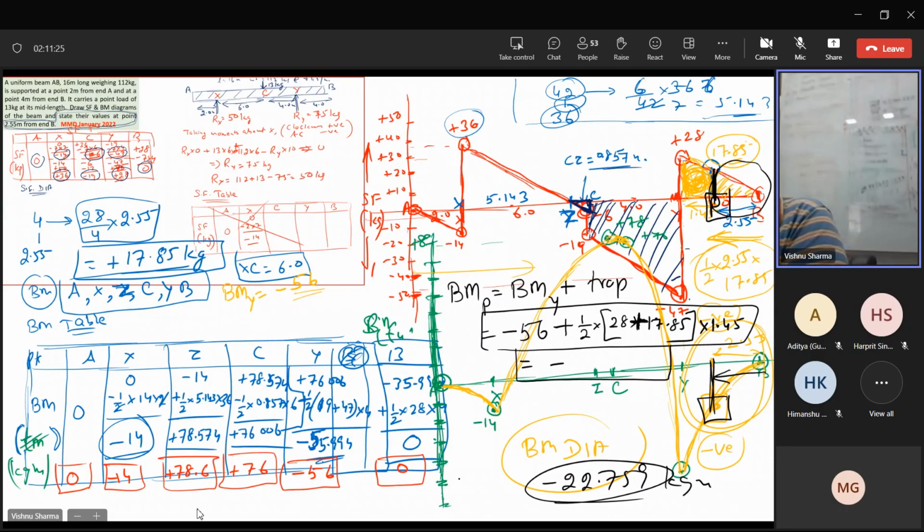From the BM diagram, BM at 2.55 meters from end B is minus, you may get minus 20, you may get minus 25. That is the error that will happen. If you get minus 20, write minus 20 kg meter. If you get minus 25, write minus 25 kg meter, but don't leave the question unattempted. Am I clear? Understood?